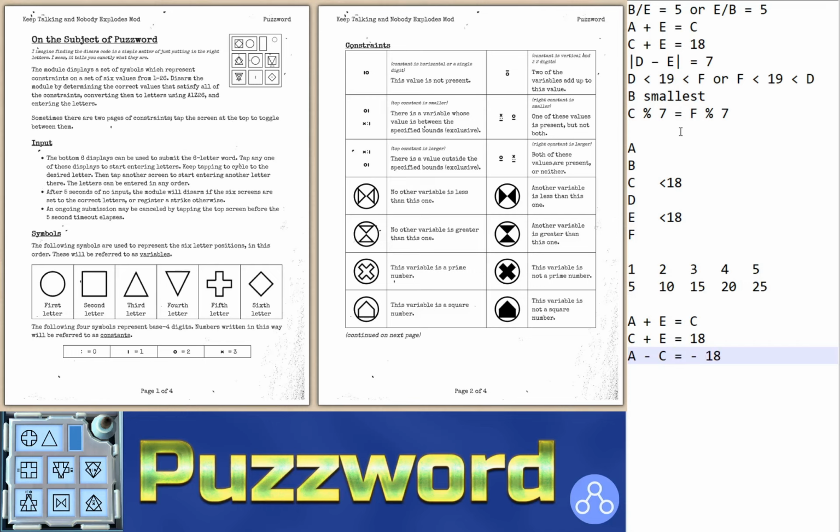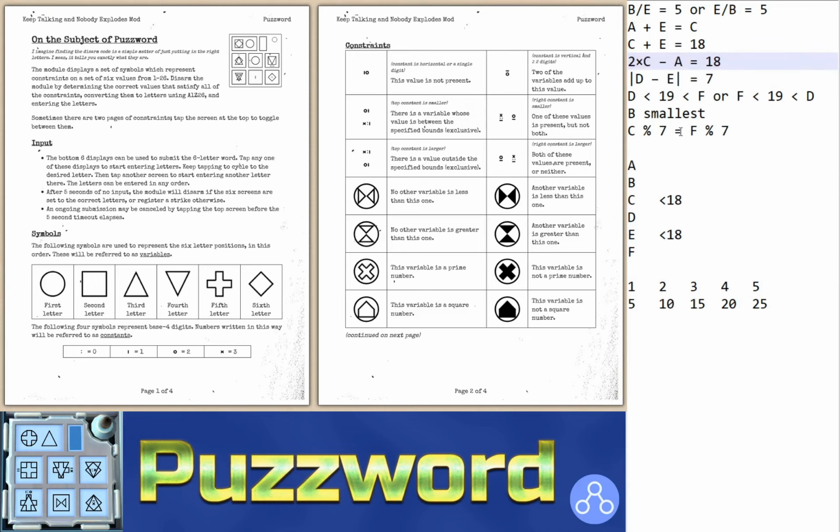Put the Charlie on the other side, you get alpha minus 2 times Charlie. And now let's negative both of these, so we get 2 times Charlie minus alpha is equal to 18. Alright, that was not as fruitful as I was hoping. I don't think I can make use of this just yet. So let's just keep that around.